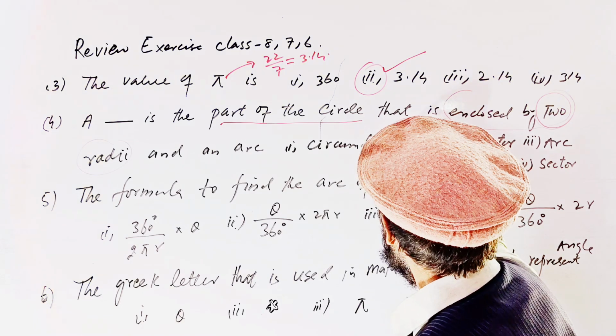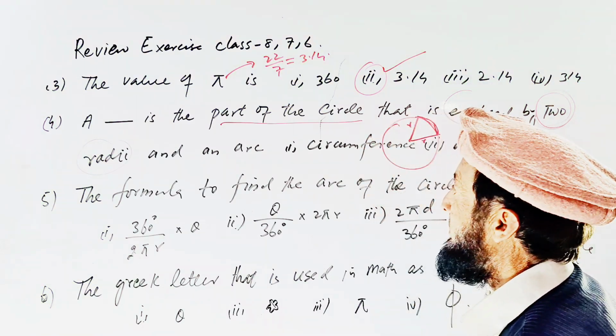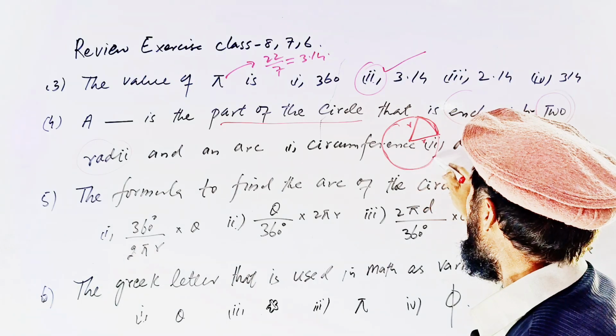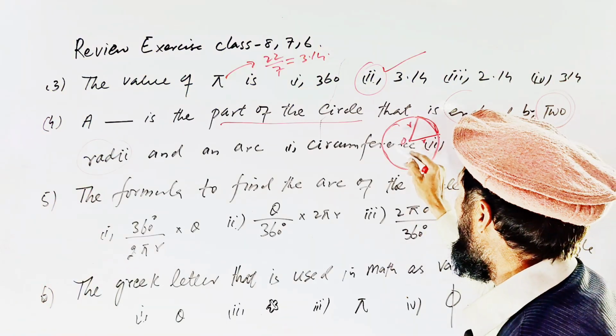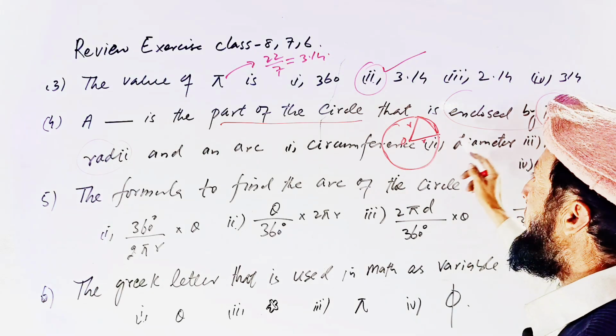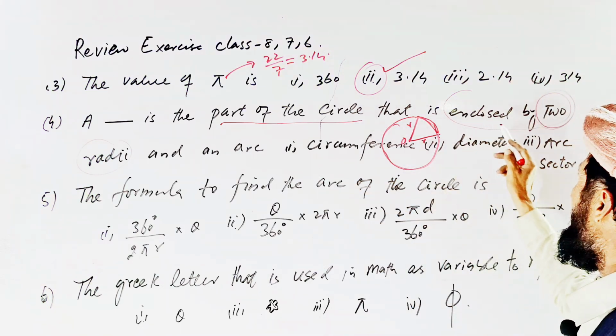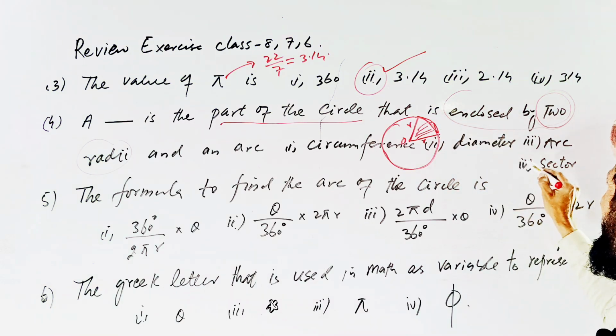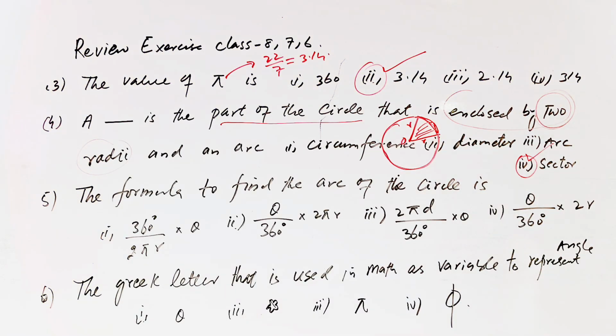That is the minor arc and that is the major arc of the circle. O is the center of the circle. So what is enclosed by two radii? That is called a sector. Sector is the correct option.